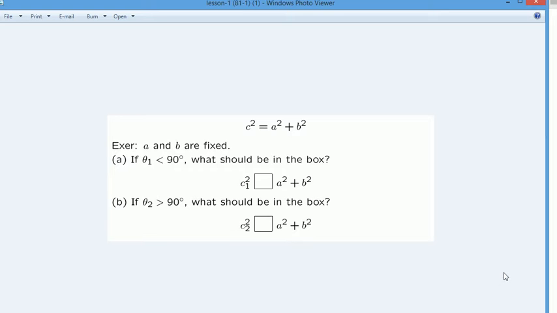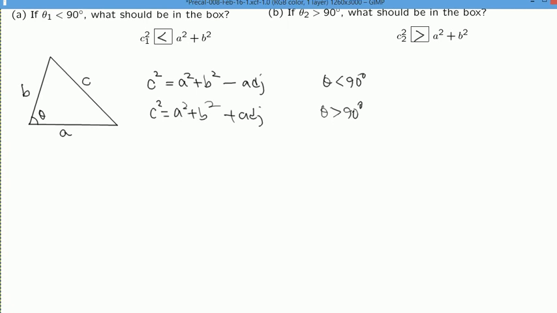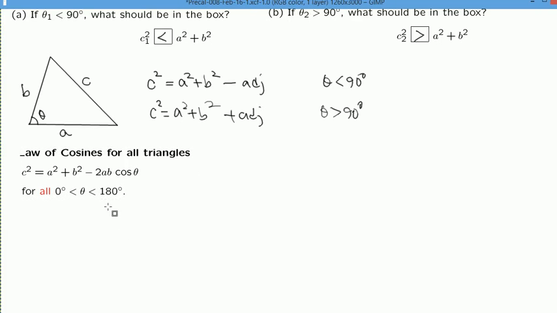This is what you need to keep in mind and remember, memorize. The law of cosines. Alright, here it is. c squared equals a squared plus b squared. That looks like the Pythagorean theorem. But what is the adjustment amount?